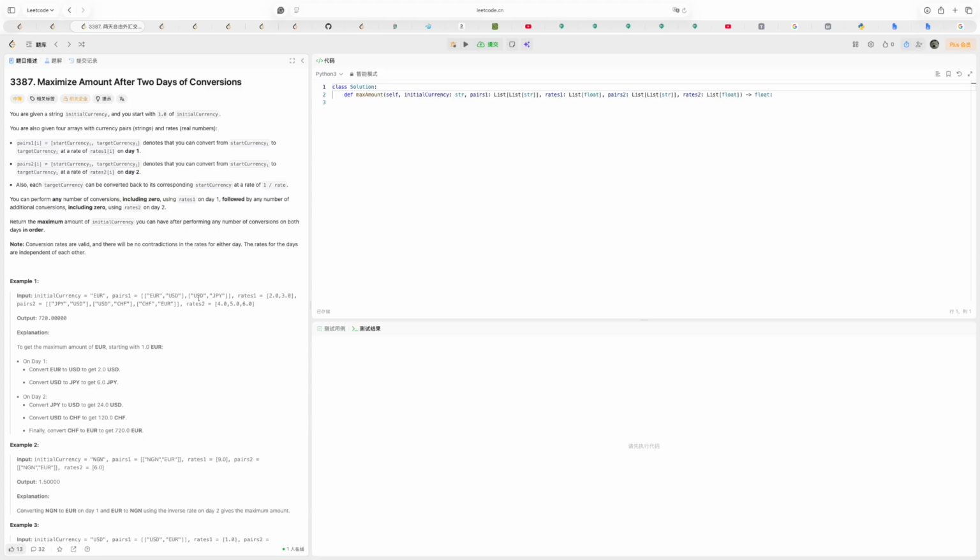Convert USD to JPY to get 6. Okay, so every time you have to convert all the currency, correct?